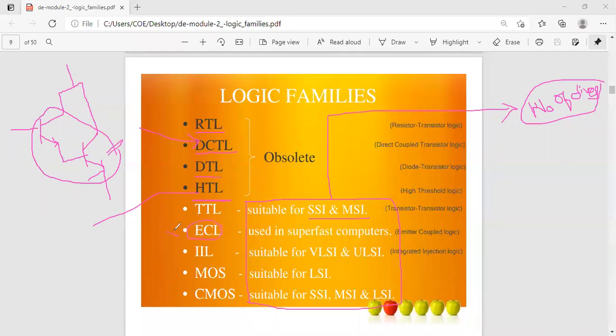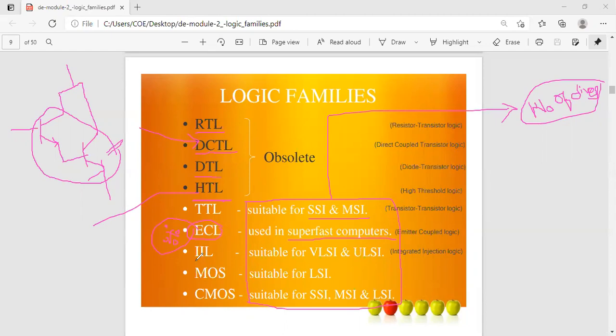Very important question in this topic, in case any 16 mark questions in your end semester examination, there is a possibility of question in this part. That is emitter coupled logic, which is used in many places for increasing the speed, to attain super fast speed in super fast computers.